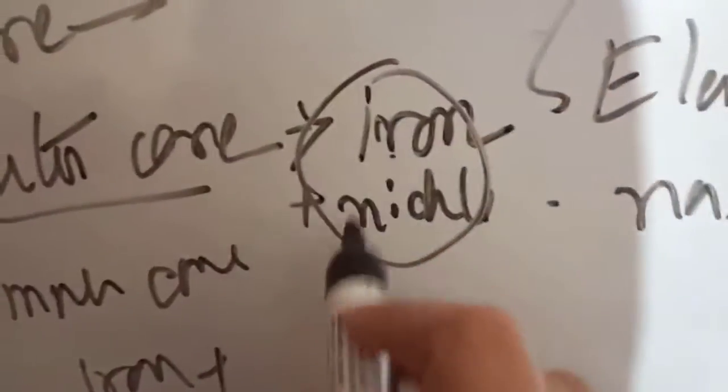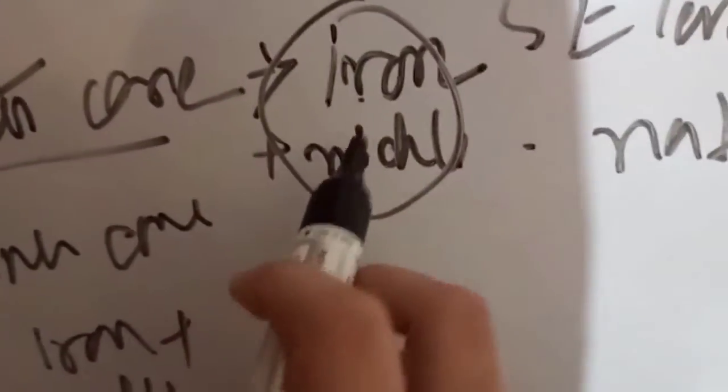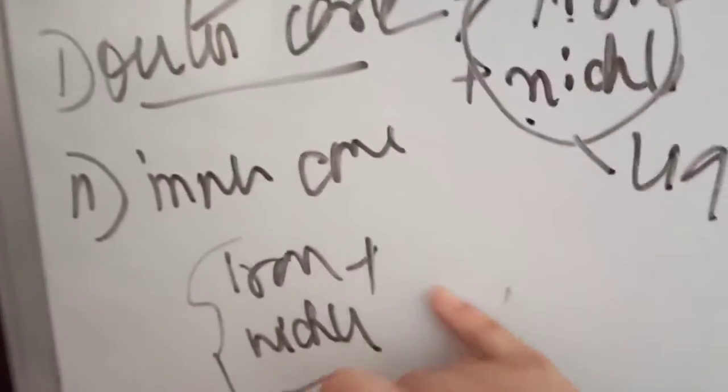The basic difference between the two is that in the outer core the iron and nickel are present in liquid form, but in the inner core they are present in solid form because of the excessive pressure present there.